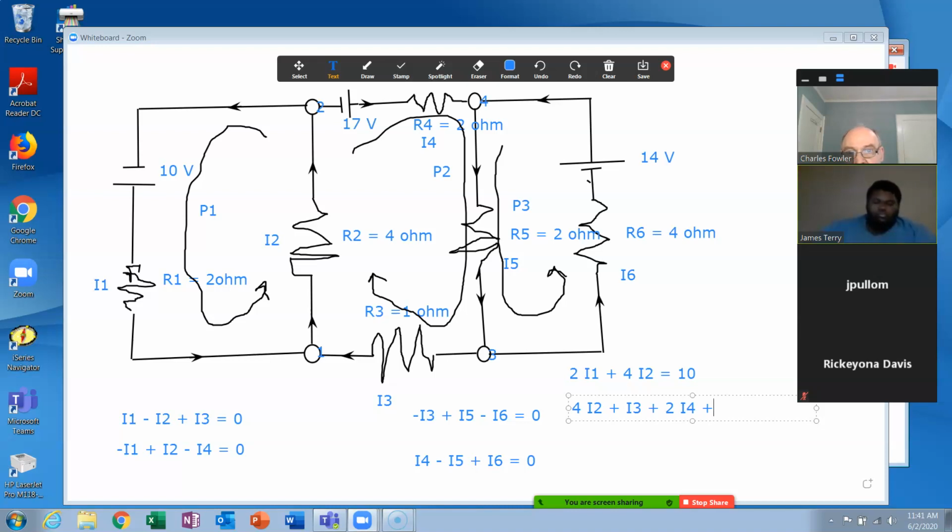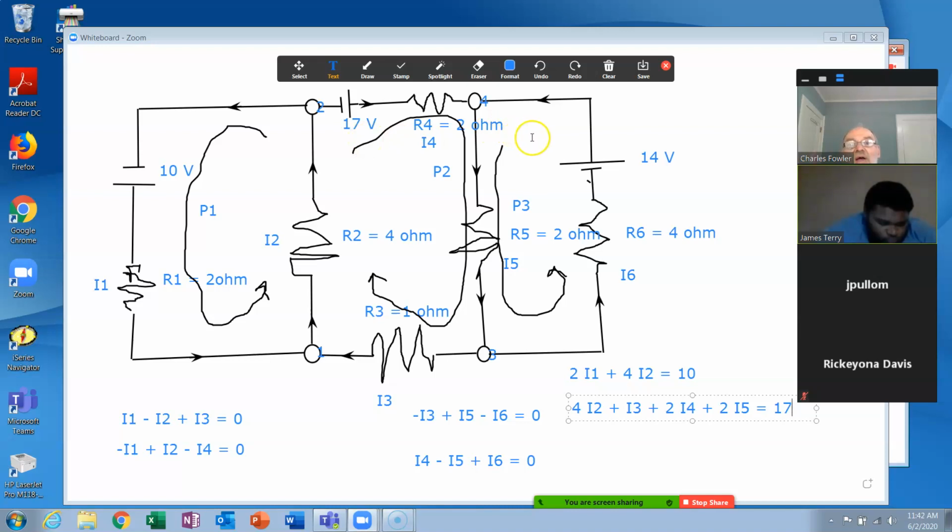Plus I'm pretty sure that's a 2I5. Equals 17. Okay, there's our second loop. I did it in weird form because I want to keep the I's in order: 4I2 plus I3 plus 2I4 plus 2I5. And that has to equal 17. That's the only voltage increase in that.